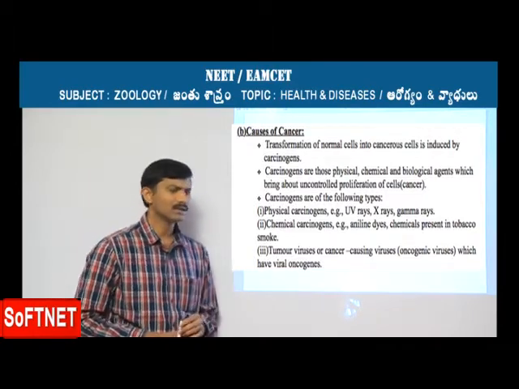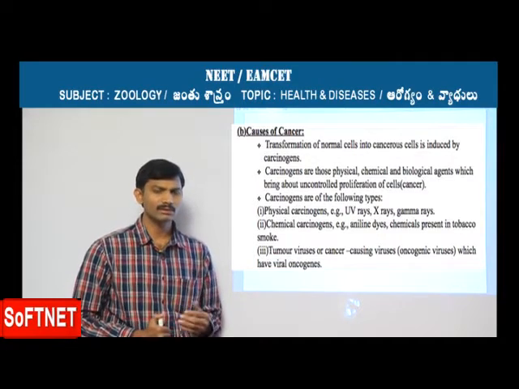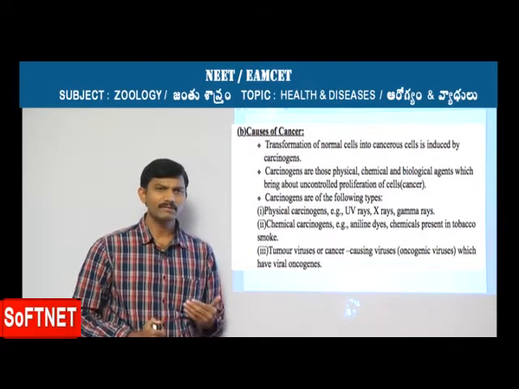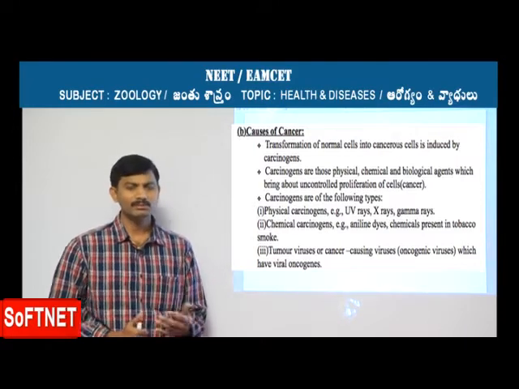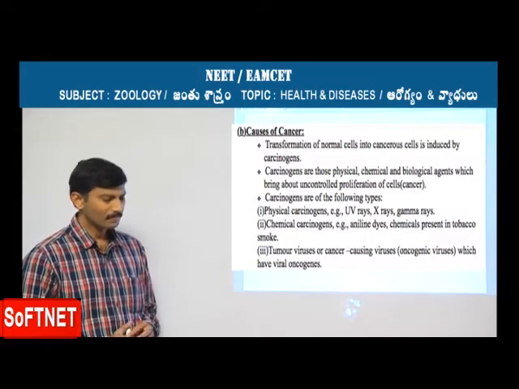Another property of these cancer cells is that they lose the property called apoptosis. That is self death, or programmed self death, which we call apoptosis. This apoptosis phenomenon is also evaded by these cancer cells.